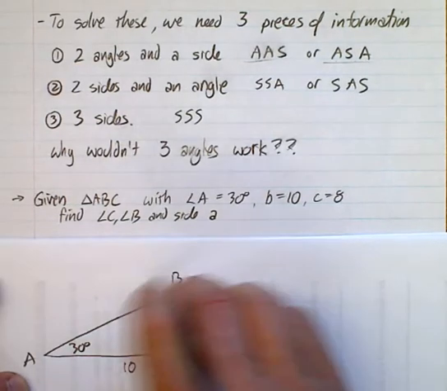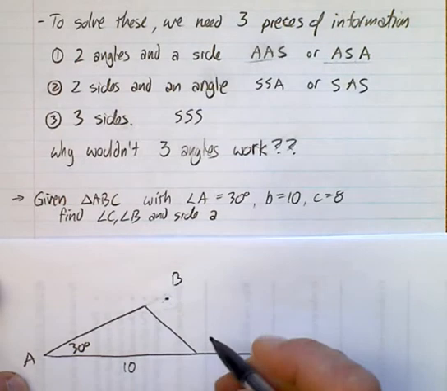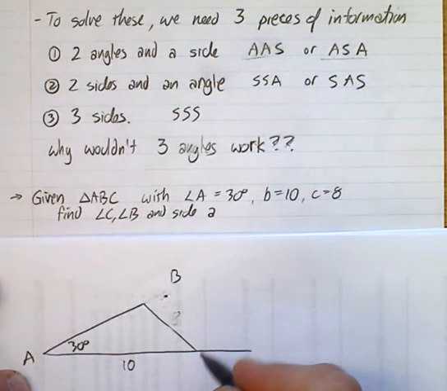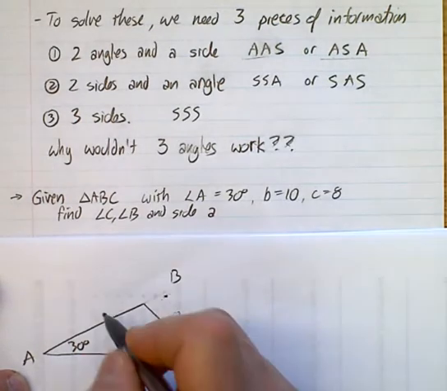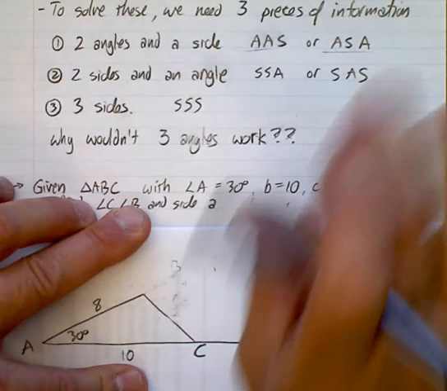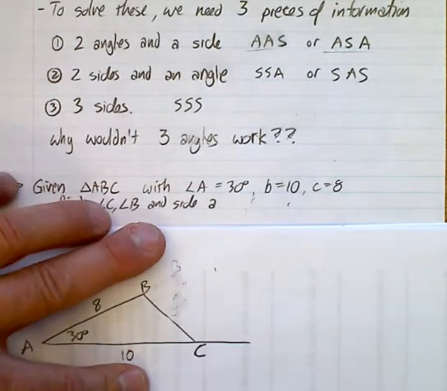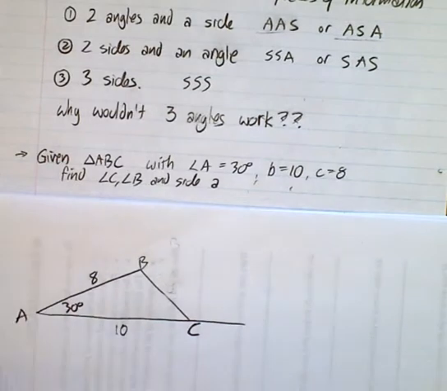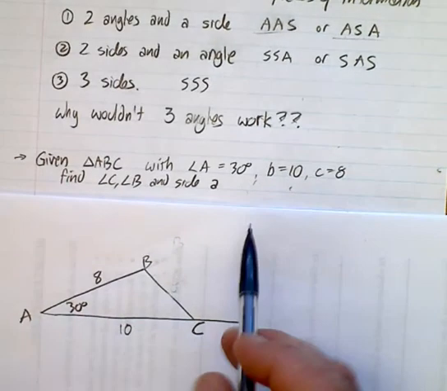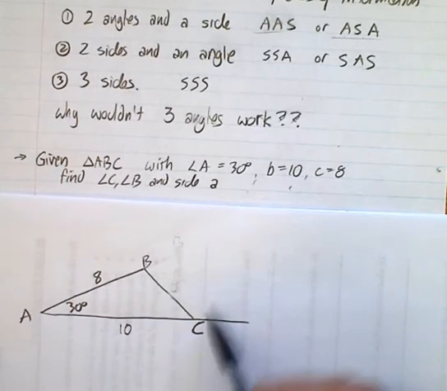Let's make that a little bit shorter. That's angle C, that's side C there. So what we have here is a triangle that we've generated. You might generate it a little bit differently, but it's good to give it a shot a few different ways. So angle A is 30, side B is 10, side C is 8.